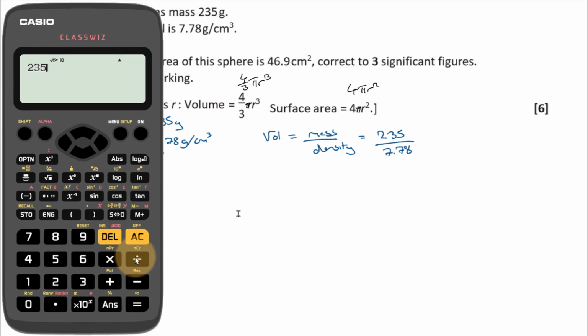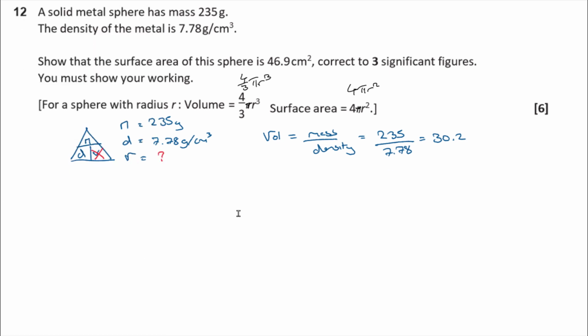According to my calculator, that comes out to be 30.2 something. I divided grams by grams per cubic centimeter, so I've got cubic centimeters. So that's 30.2 cubic centimeters. Right, we're looking good.